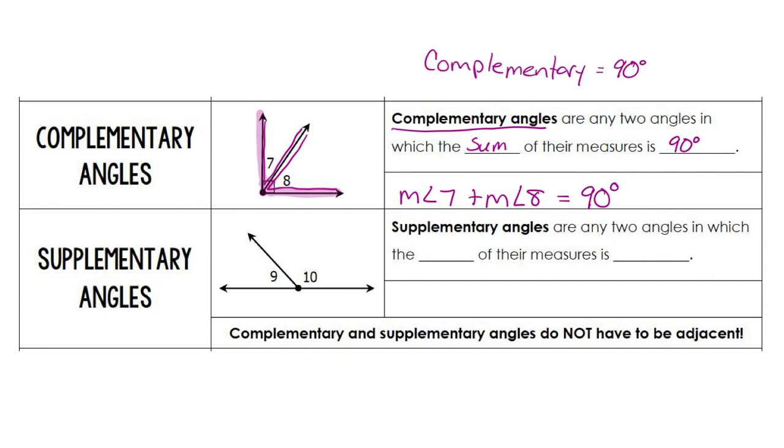Now we also have something called supplementary. Supplementary angles are any two angles in which the sum of their measurements is 180 degrees. Looking at the picture we have here, the measure of angle 9 plus the measure of angle 10 equals 180 degrees. I can tell that by looking at it too, because this is a straight line.